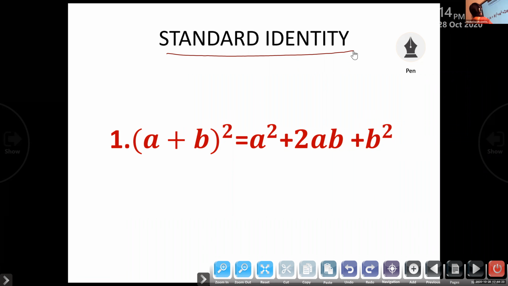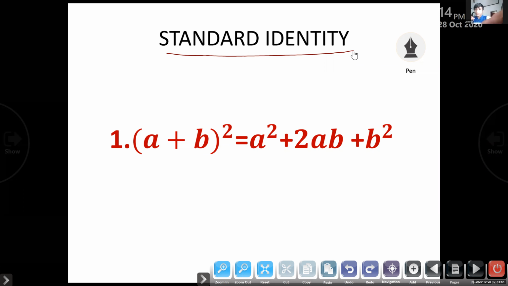The first standard identity is a plus b the whole square is equal to a square plus 2ab plus b square. That way you have to read it. Ma'am, can you show the previous slide?